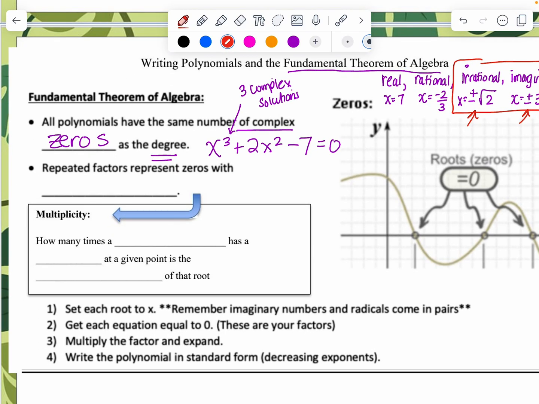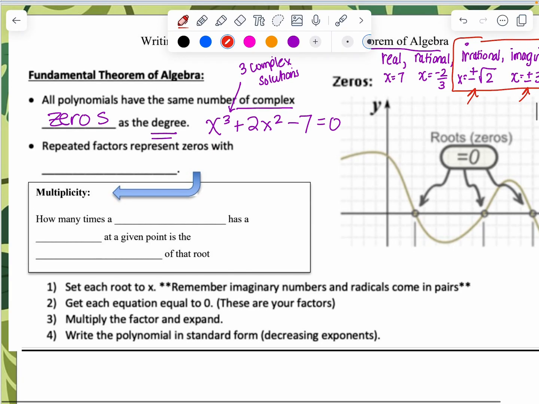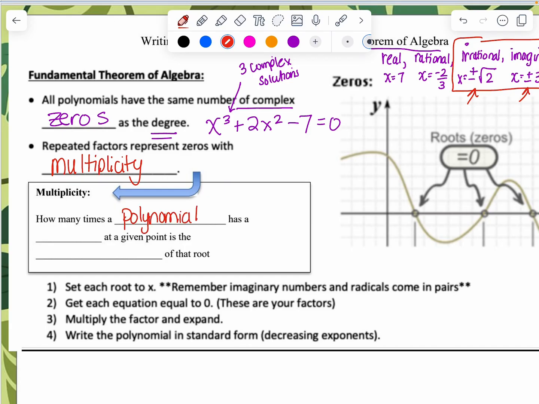When we're talking about repeated factors, they represent zeros with something called multiplicity. What multiplicity means is just how many times a polynomial has a solution or a zero at a given point. That's the multiplicity of that root.